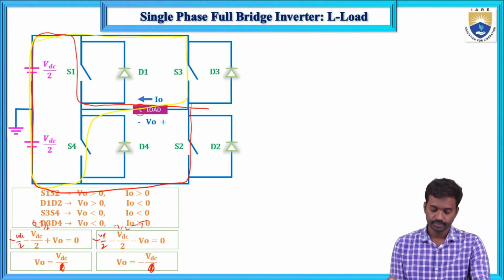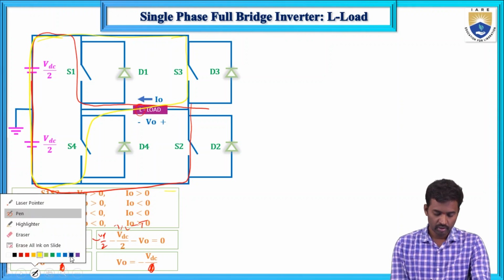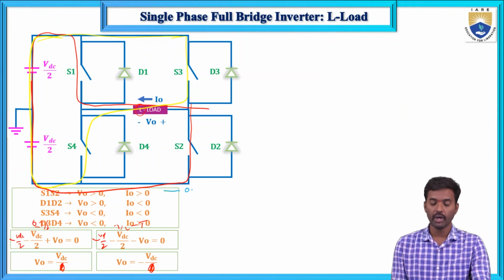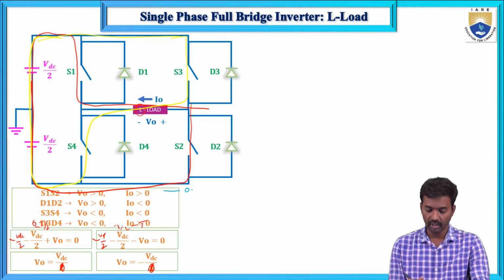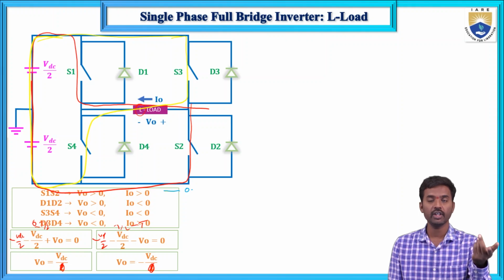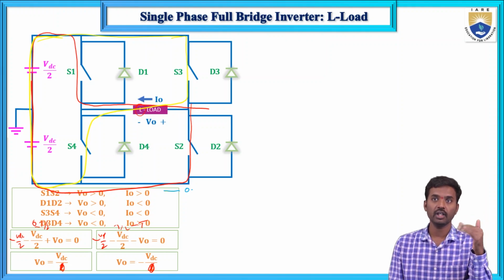And during 0 to T by 2 duration, that I will explain. So when S1, S2 are positive, S1, S2, D1, D2 will conduct. When a power is delivered from the load to the source, that is the case D1, D2 will conduct. And next that I will explain.